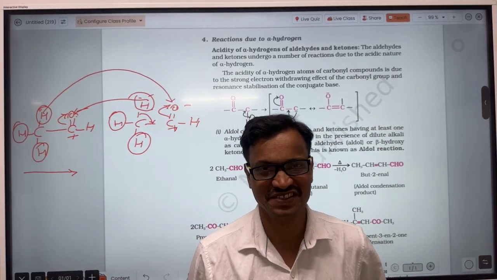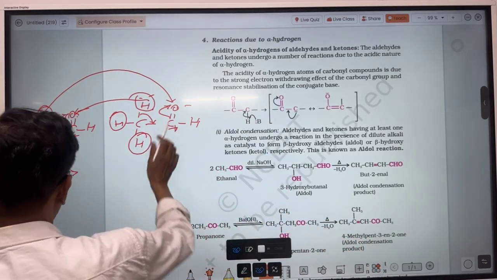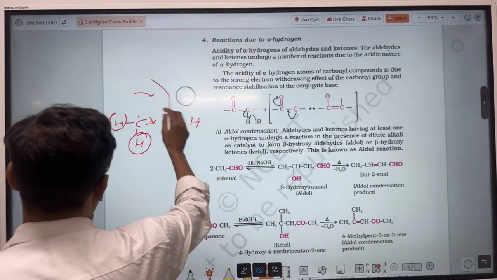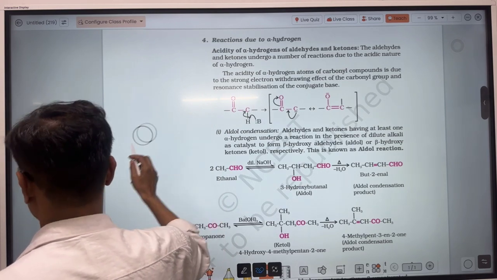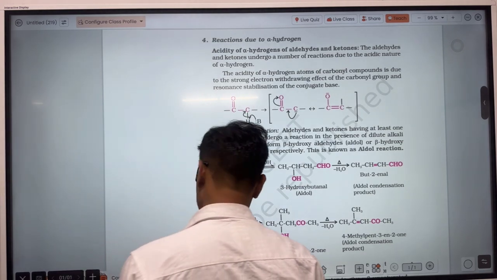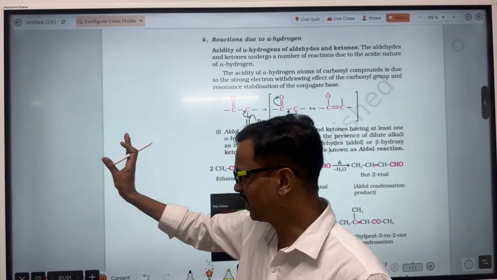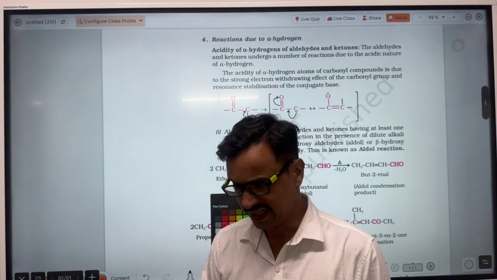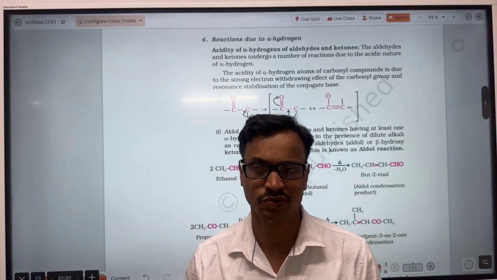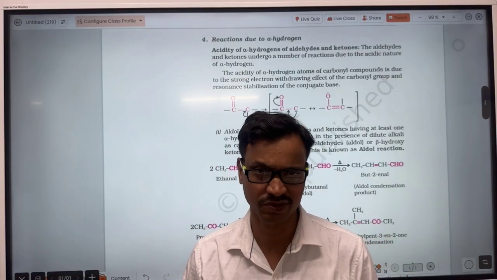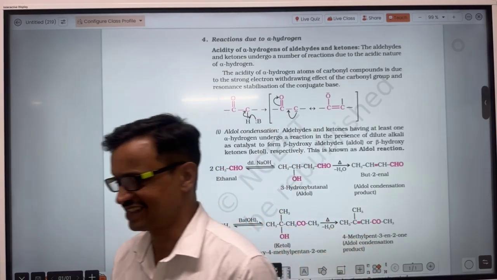That will depend on chance. Whatever happens, the reactions will be accordingly. But one alpha hydrogen of one aldehyde can go to the other one, and from which molecule to which molecule the H plus will go will depend on chance.